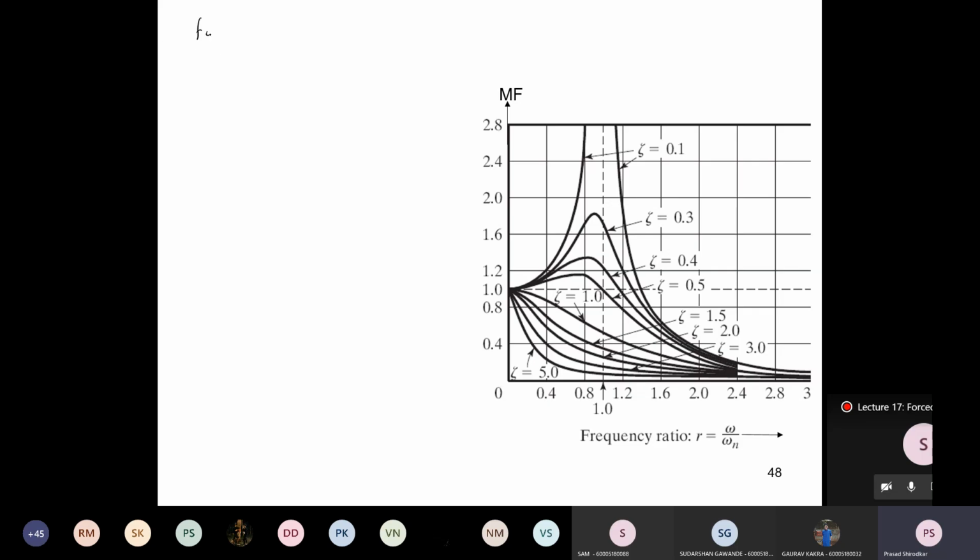So for damping factor between, you will observe the peaks in the magnification factor curve can be observed.